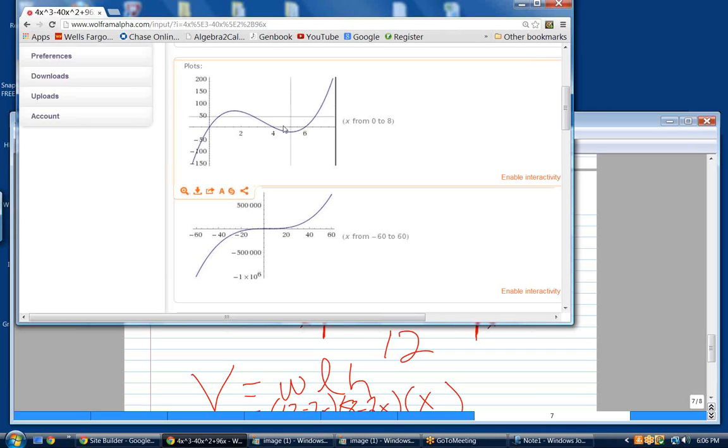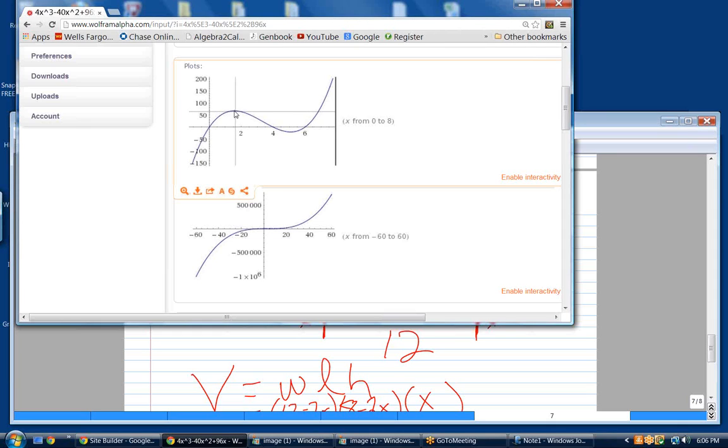We know x has to be less than 4, so what I really want is where the maximum occurs between 0 and 4, because I know x has to be less than 4. Like right there. Now on your calculator you can figure out what that x value is.